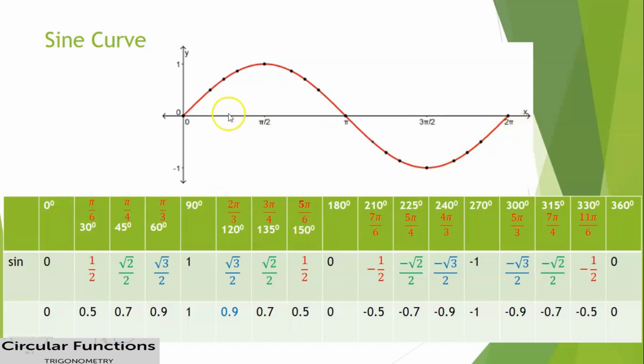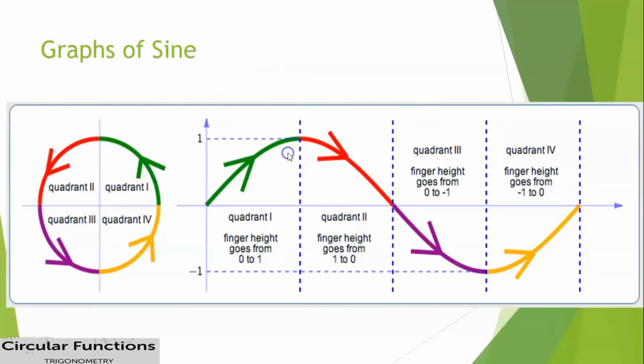So take note. How is the graph obtained? It's basically the values of sine from 0 until 360 degrees, or simply one rotation. So for a clearer picture of this, let's have this one. Take note, the green marks: this is the first quadrant, second quadrant, third quadrant, and fourth quadrant.